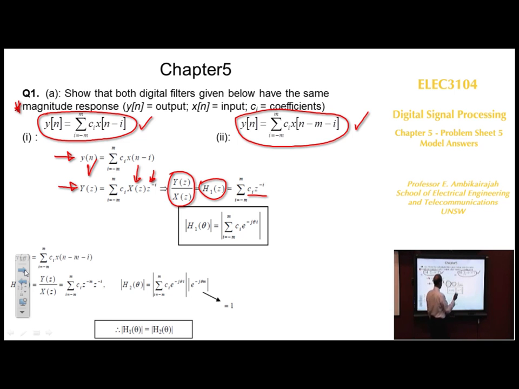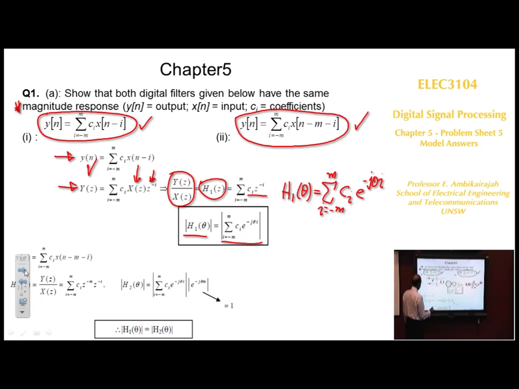Then you substitute to get H1(θ), that's the magnitude, which is Σ c_i e^(-jθi). And if you take the modulus value of that, that will be the modulus. That's for the first one.